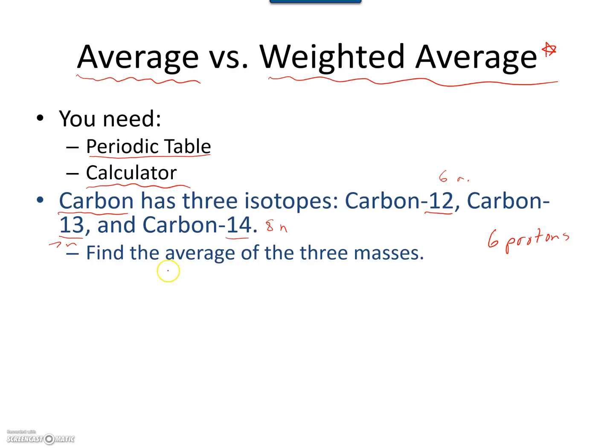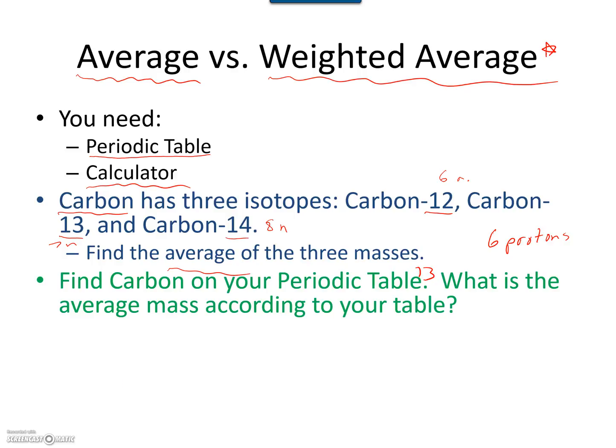Now, if I was just to do a traditional average, find the average of those three masses, carbon 12, 13, and 14, you should be able to spot pretty quick that the average is 13. You can do that on your calculator: 12 plus 13 plus 14, divided by 3, is 13. Now, if you go to carbon on your periodic table, what is the average mass according to your table? You should have that little C with the 6 on top, and then it will say 12.01 underneath it.